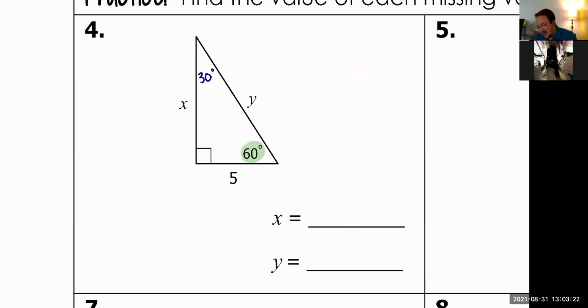Let me jot this in here: 5 is the short leg, X is the long leg, Y is the hypotenuse. So to find the longer leg, I'm going to take the shorter leg times the square root of 3.